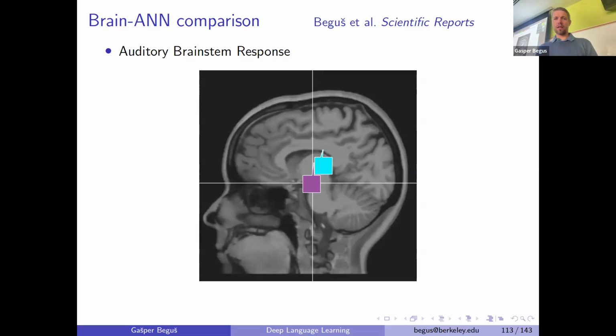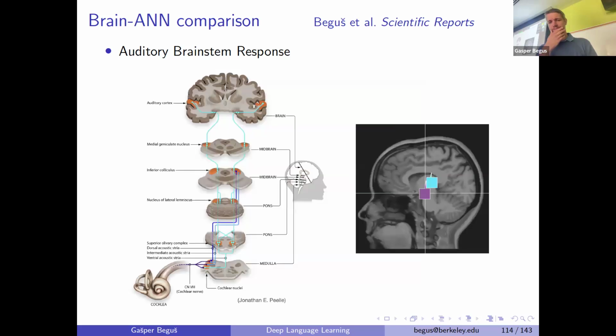And so I told you about Christina's work. When we hear sounds of language and other sounds, the membranes in our ears vibrate, the cochlea's liquid carries those vibrations, and that gets transformed essentially into electric signal that travels first through the brainstem and then to the cortex.